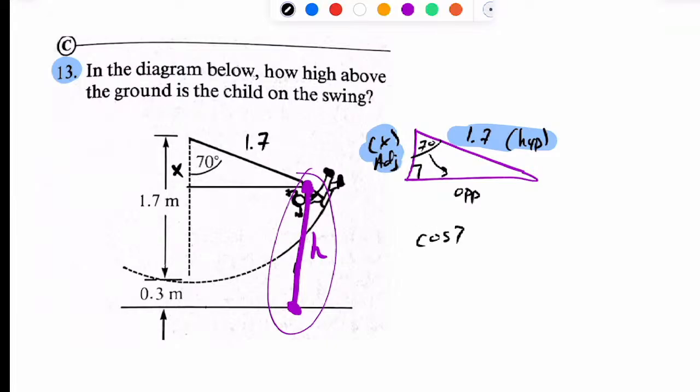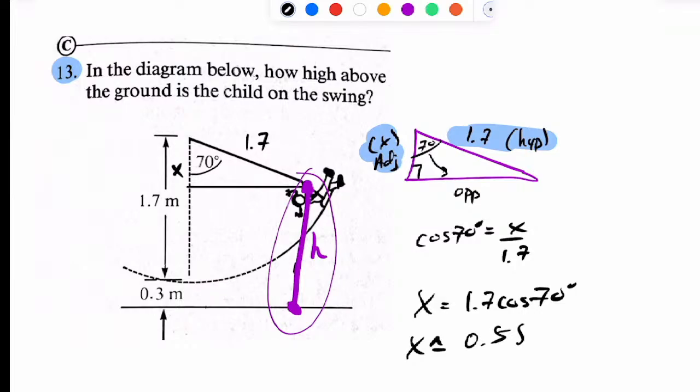So the cos of 70 degrees is my adjacent over hypotenuse. And then you're in the exact same situation again. You want to solve for x. So x is 1.7 cos of 70. You just punch that in on your calculator: 1.7 cos 70. I'm getting 0.58 approximately for this.